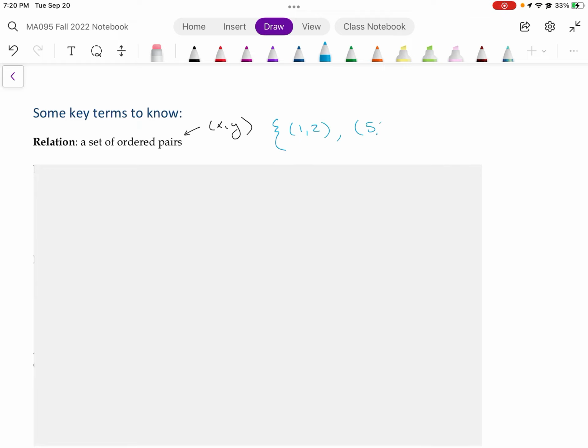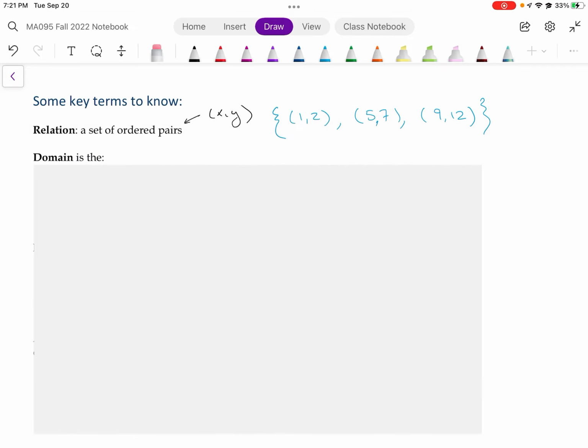I'm just throwing some random things in here, nothing that you need to really see a pattern in because I'm just making it up. That's a relation because I have basically said it is. Okay, it's a set of ordered pairs, right? And it can come from a function, or I can basically just say, here's my function, here's my points. That's kind of the simplest thing we could talk about.